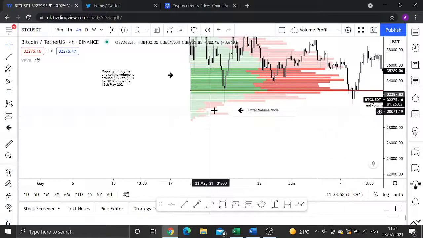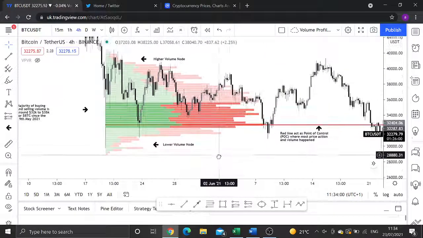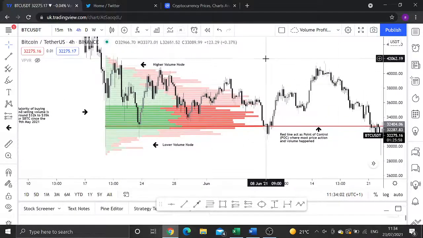Another way to describe it, because this is over an extended period of time, and I'll show you an example later where I'll shorten it as well, is price tends to move quicker in specific regions where the volume is much lower.